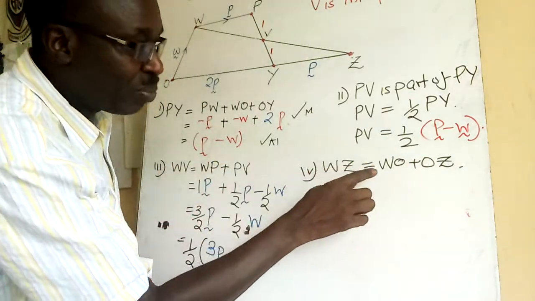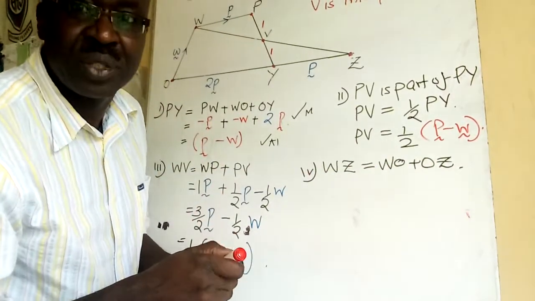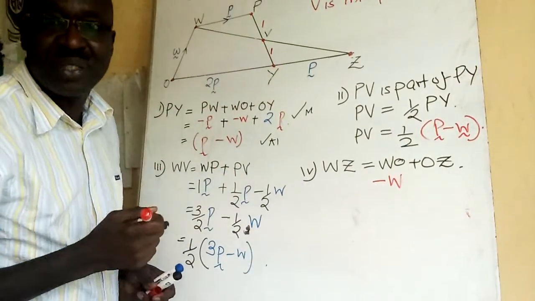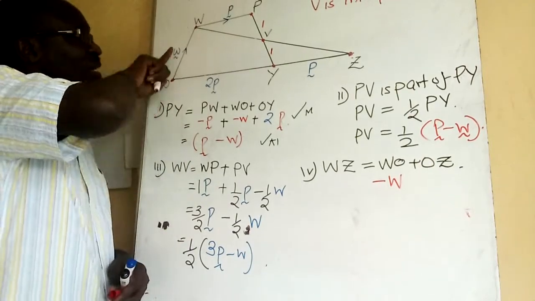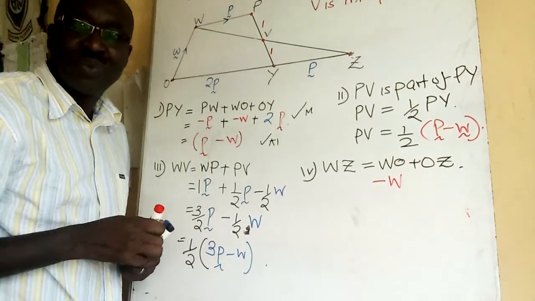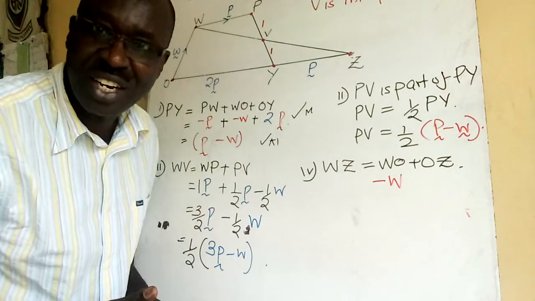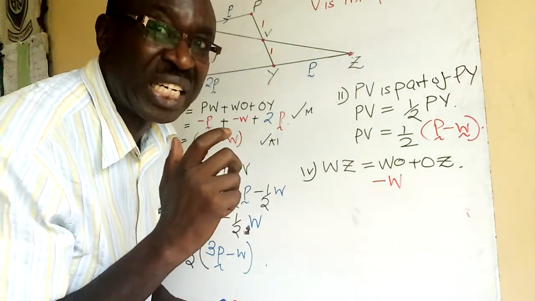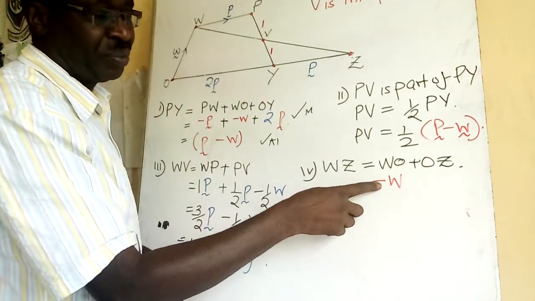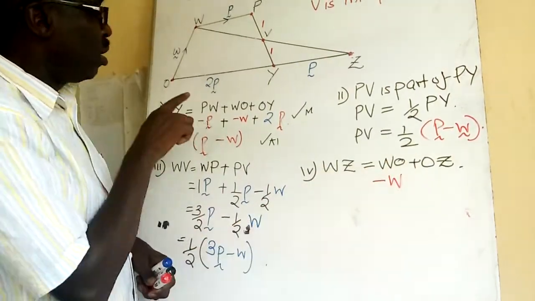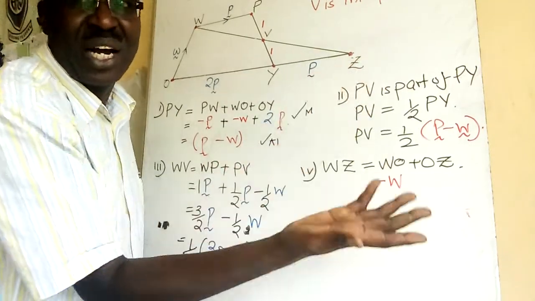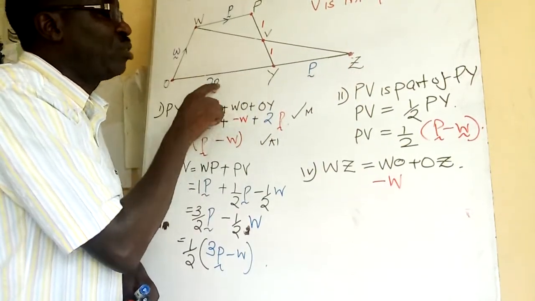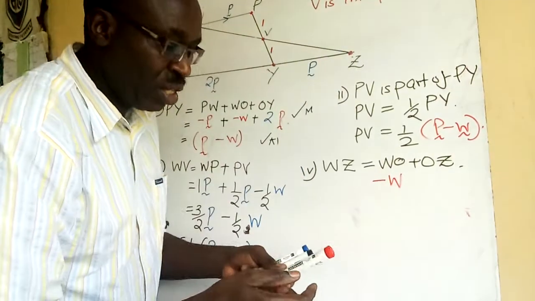Now, WO is the reverse of W. This way is positive, so coming this way is negative. What does it mean? I'm doing the opposite there. Then plus OZ. From O up to Z, vehicles have been given. The one which carries you from here to here is 2P. This one is P. So it is 3P.